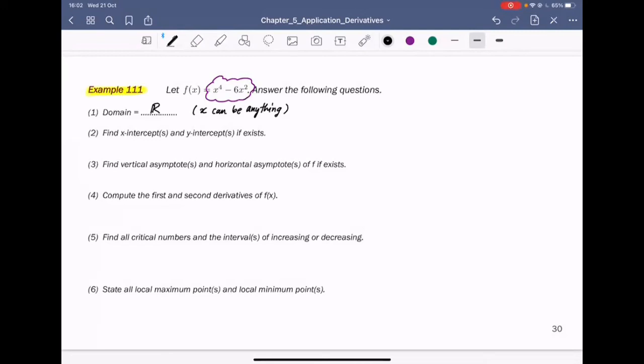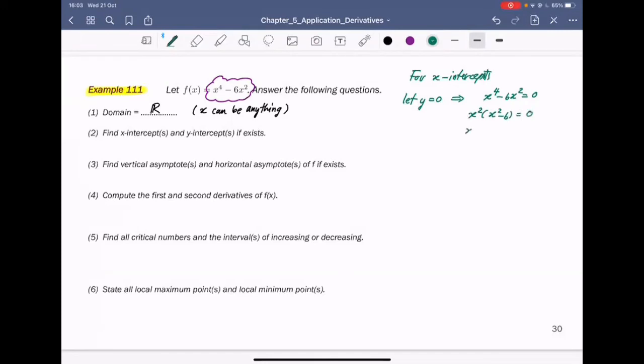And then x-intercept and y-intercept. For x-intercepts, you can let y equal to 0. If you let y equal to 0, you're going to get x to the fourth power minus 6x squared equal to 0, right? That means x squared times (x squared minus 6) equals 0.